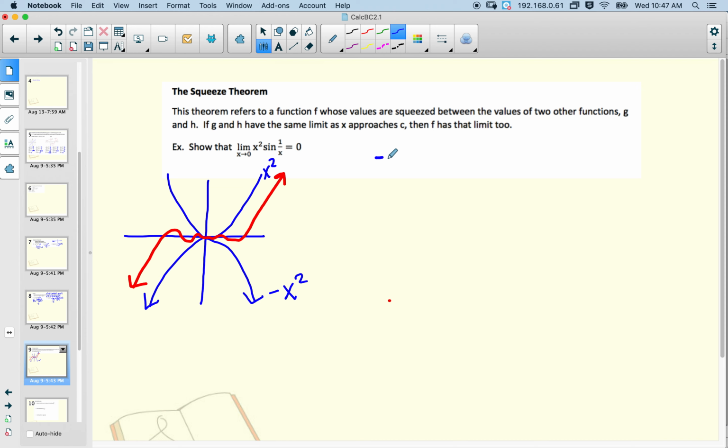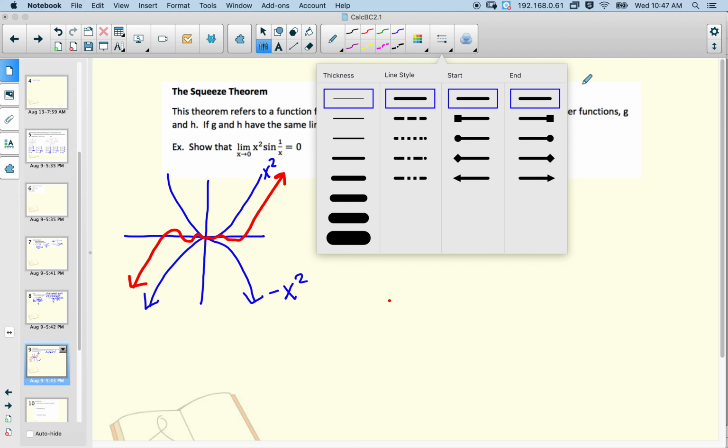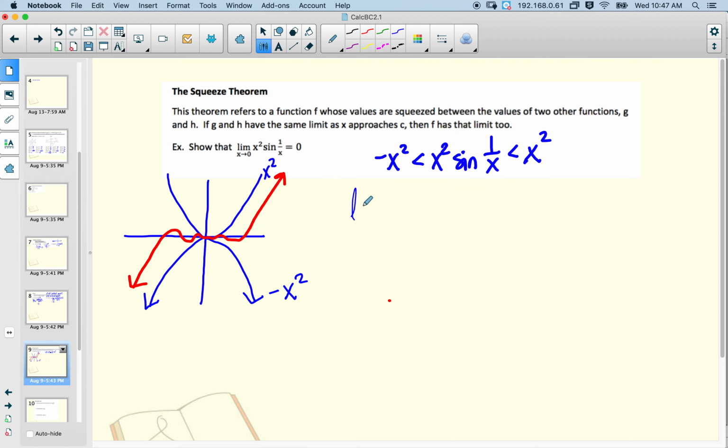So negative x squared we've established is less than x squared times sine of 1 over x, which is less than positive x squared. So we know that the limit as x approaches 0 of x squared is equal to 0. So let's write that out.